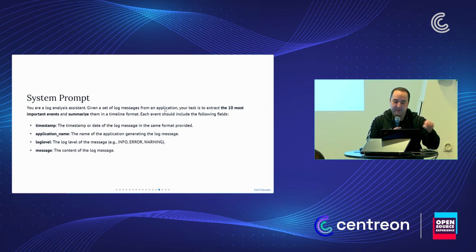Your task is to extract the 10 most important events and summarize them in a timeline format. I chose this timeline format because I want to keep the time so you can build a storyline, something that allows you to say this event happened, and you build a storyline that allows you to understand the root cause and so on.